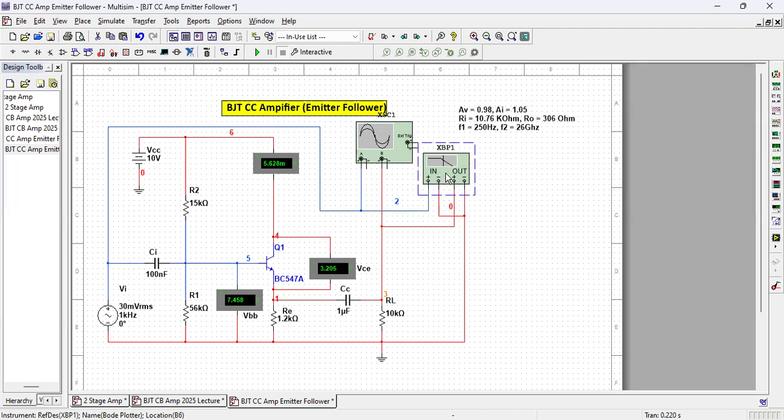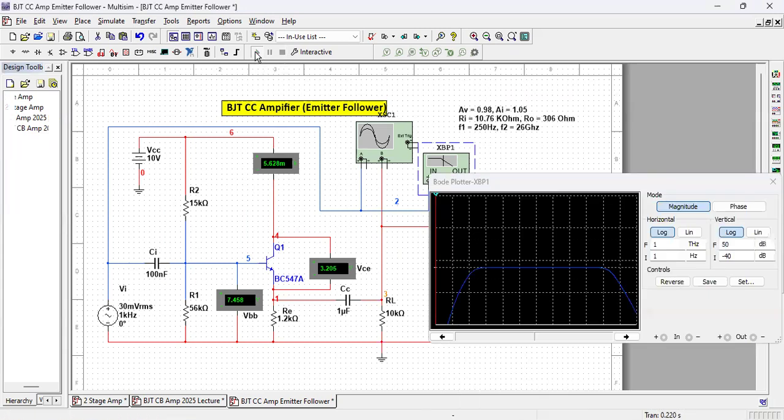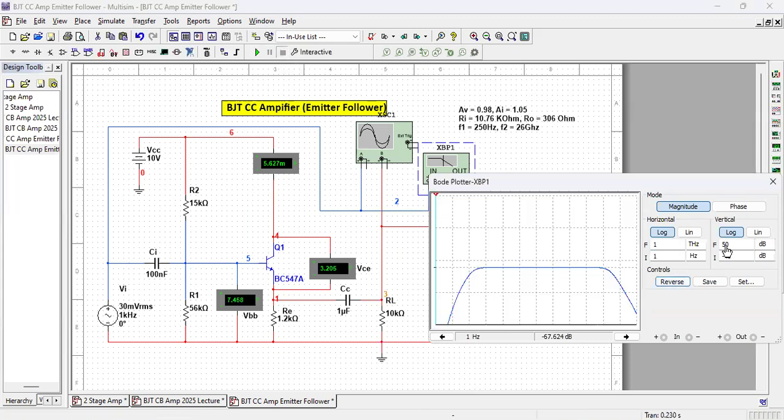Now let's see the Bode plot and its frequency characteristics. For the frequency characteristics, I run it a little bit longer because for a Bode plot you should measure for a few seconds. Reverse it. I increase the scale a little bit so that it is easy to see, right?